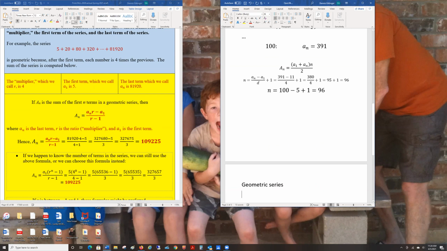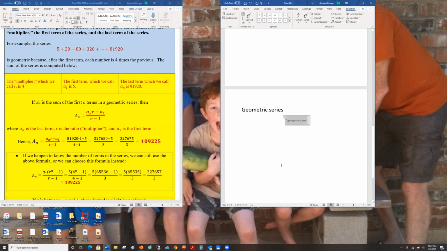I'll call it a geometric series. For this problem, the last number is 81,920. Now I have to multiply that by r, and the multiplier is 4. So multiply that by 4.